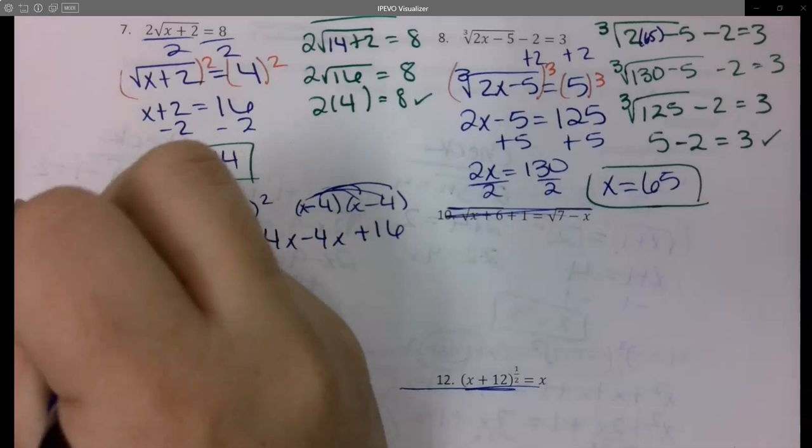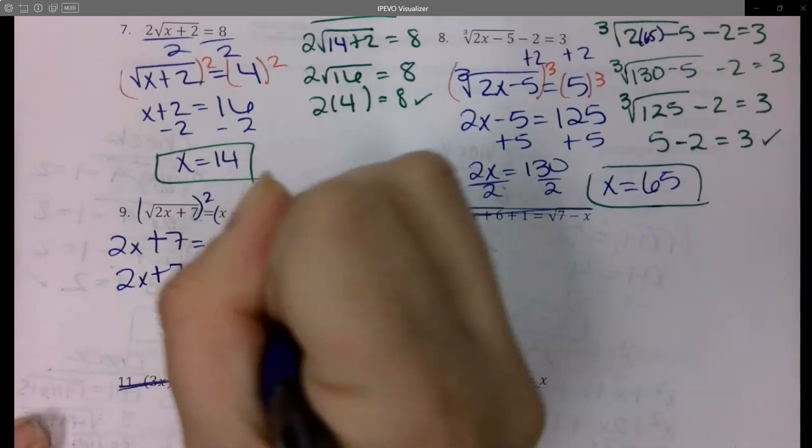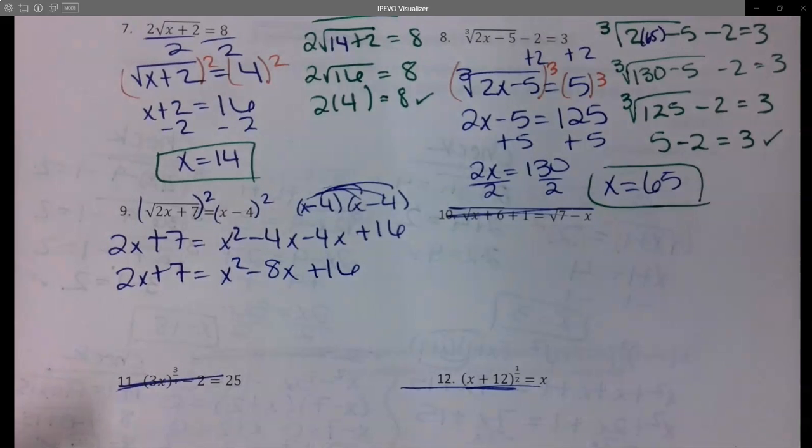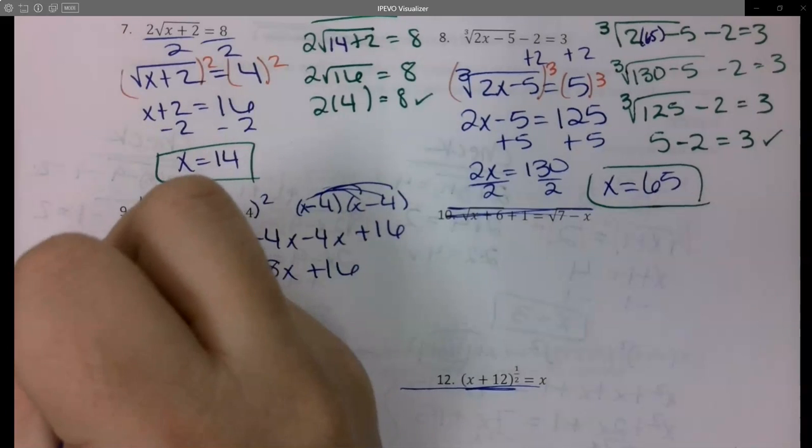Then I want to combine like terms. So I have negative 8x in the middle. Then I want to move my stuff over to the other side.